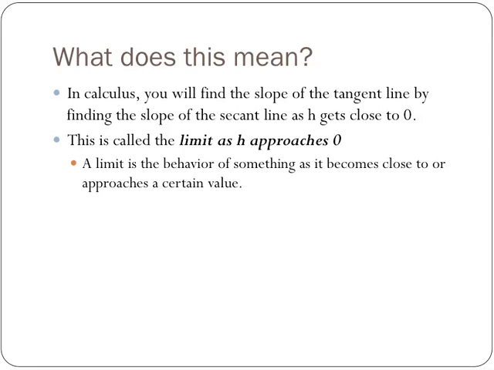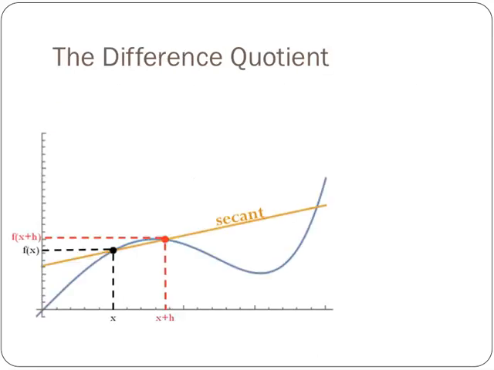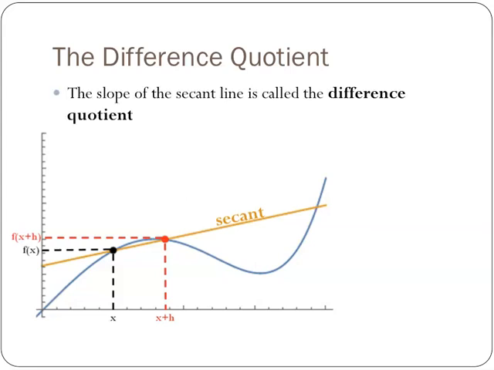So here's where the difference quotient comes in. This is just the picture from before. We have 2 points, and if you are trying to find the slope of the secant line, you would do y2 minus y1 over x2 minus x1.